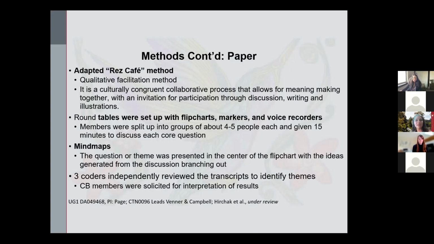But we found that this approach is culturally congruent because it's a collaborative process and it allows for meaning making together in a creative way. So, you know, you can write things down on paper, you can talk about it, you can draw pictures. So it's just really great approach.